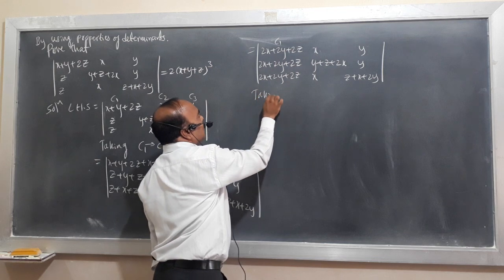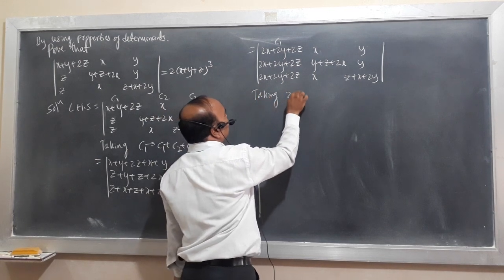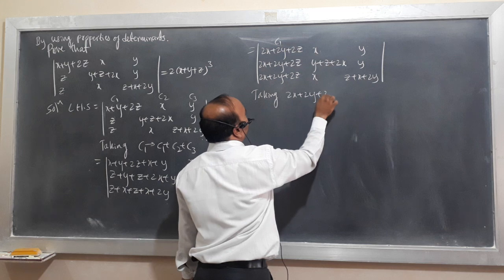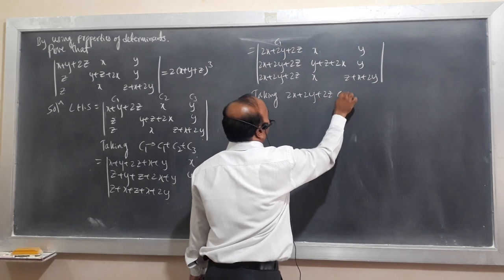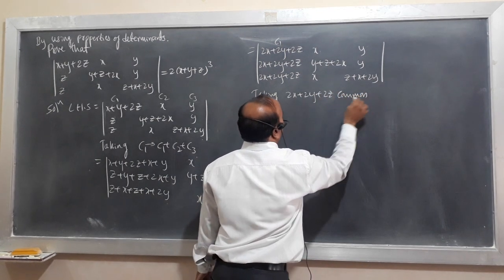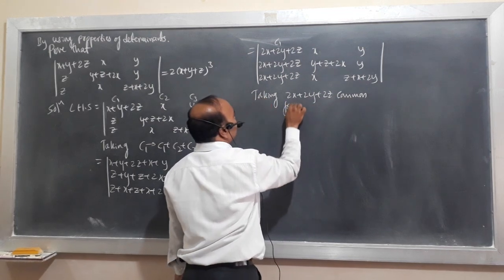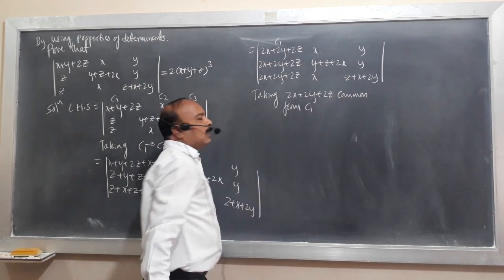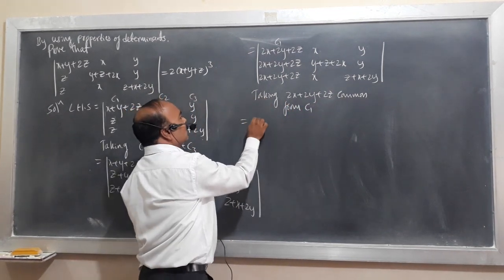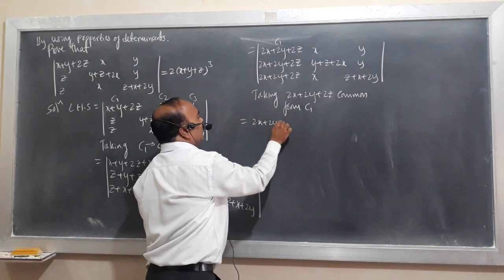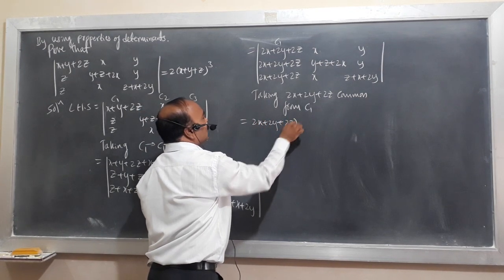For that we write, taking 2x plus 2y plus 2z common from C1, that is the first column. Then we get 2x plus 2y plus 2z outside.